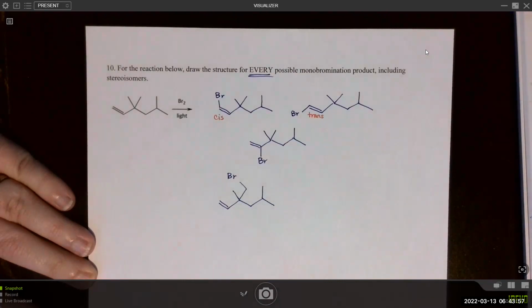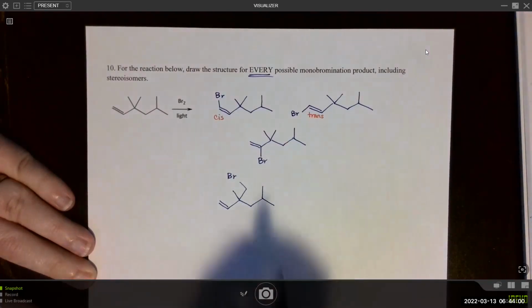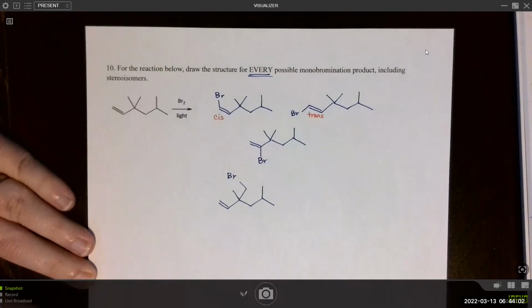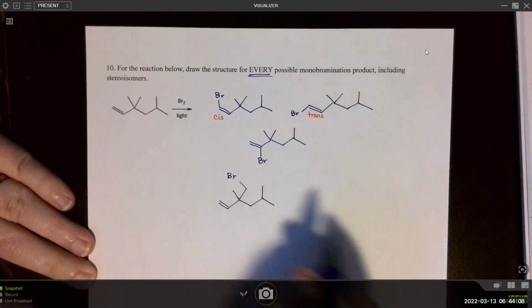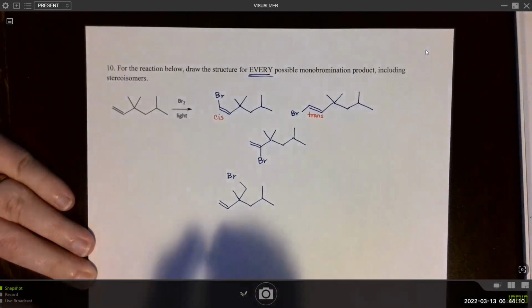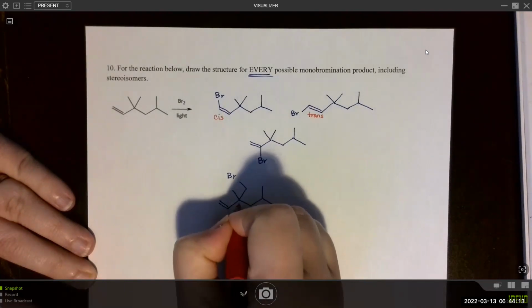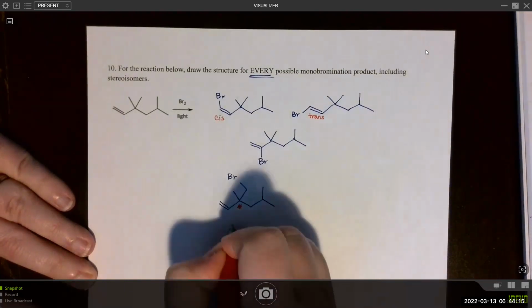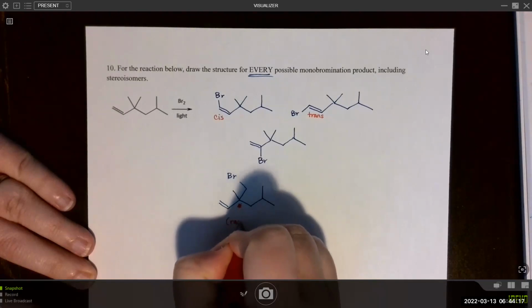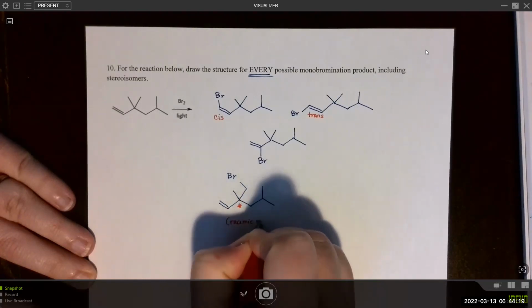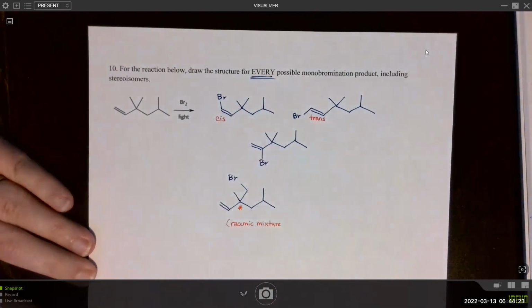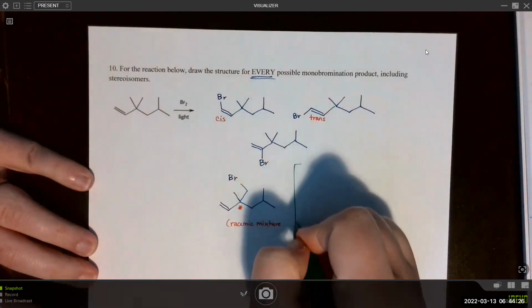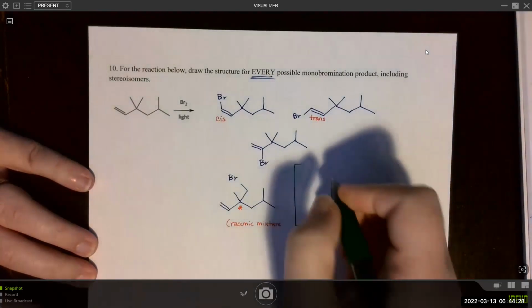So technically, we need to either draw one on a wedge and one on a dash and then switch it, or at least put racemic mixture. Maybe I'll even include what that looks like, just in case people did it the other way.